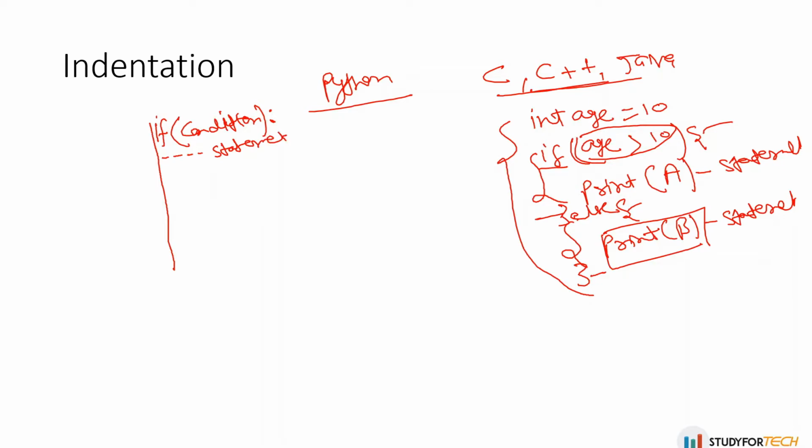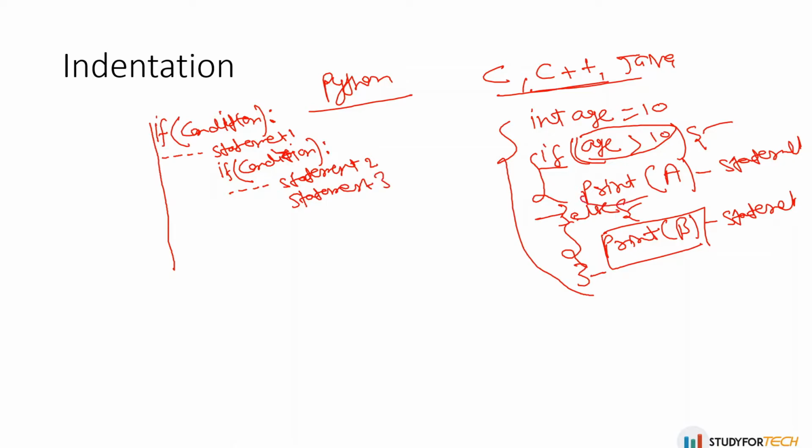Okay. And then if you want to have some other condition inside this if condition, then you can have one more condition here, and then here also four spaces, and then statement 2. So this is statement 1, this is statement 2. I am having one more statement here, statement 3.